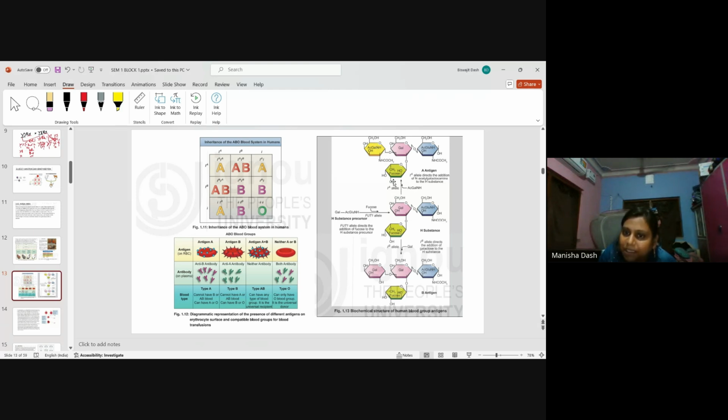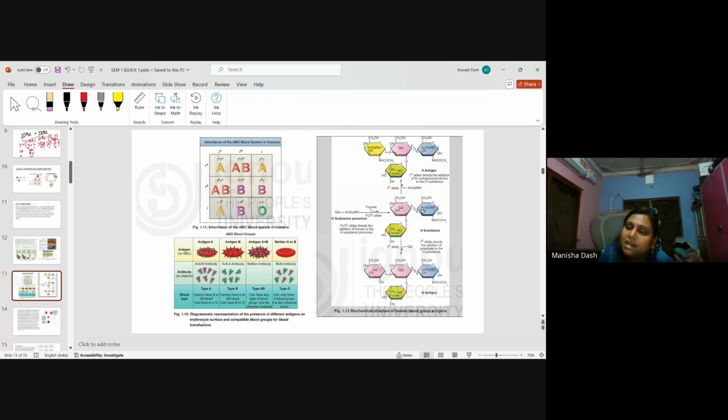Except for this, blood types A and B are the same. Only in individuals who have blood group B will there be the addition of a galactose here, and in blood group A, instead of galactose, they will have this compound. That is the only difference creating blood type A and B.